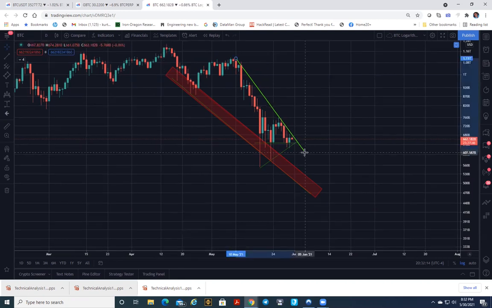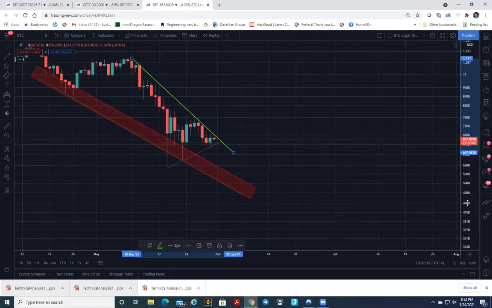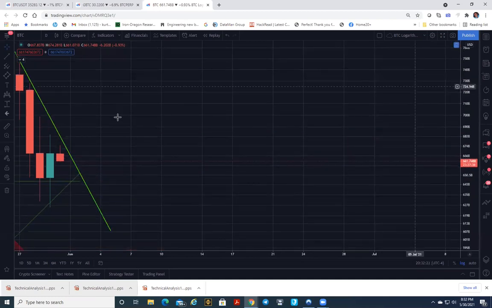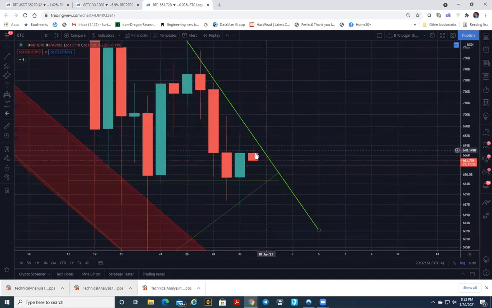But this could very well break down. I don't think it will. So we have a bullish candle. Is it bullish or is it short? I mean, this is the market structure. Close was 667.95. Yeah, so this one's higher.